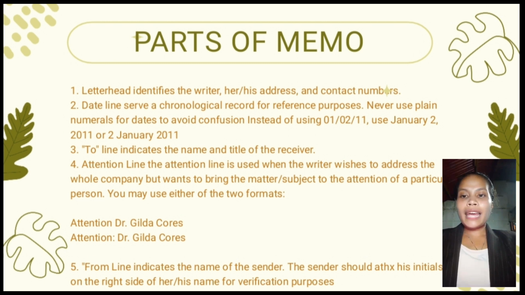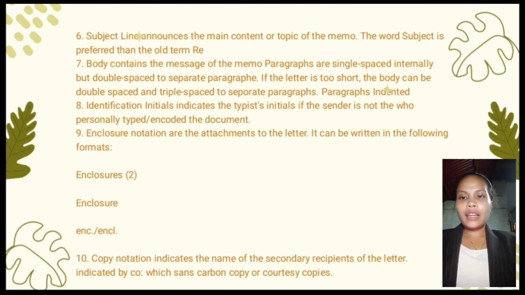The from line indicates the sender's name, and they should include their initials for verification purposes. The subject line announces the main content or topic of the memo. And the body contains the message, which is typically single-spaced internally but double-spaced to separate paragraphs.